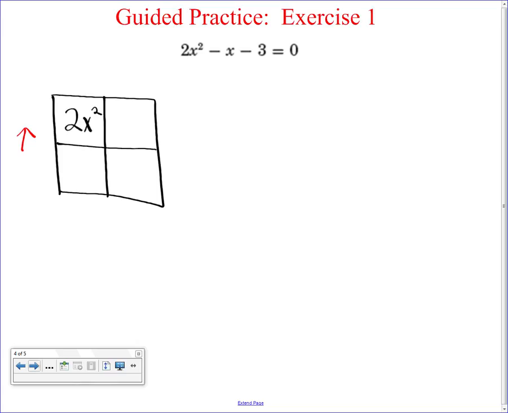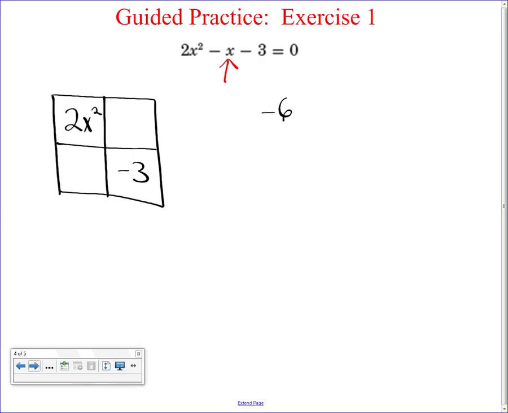Next we have the negative 3 goes into the last position. We need to multiply 2 times negative 3, which results in a negative 6. And now we need to come up with two numbers which multiply to give us negative 6 and add to give us negative 1.